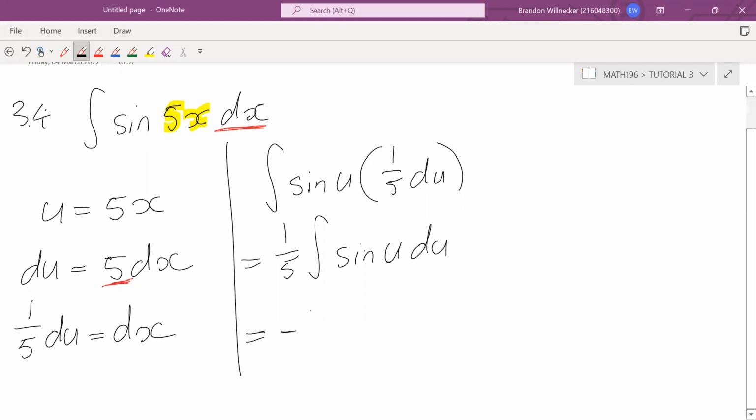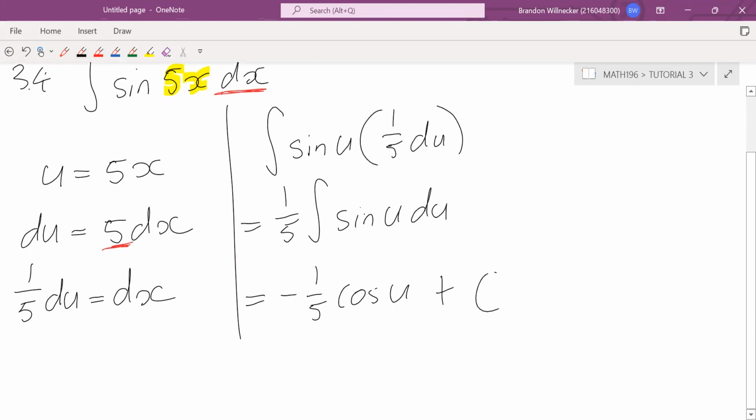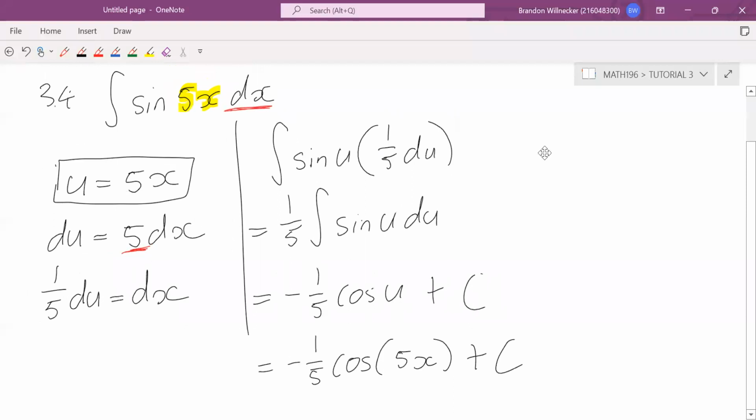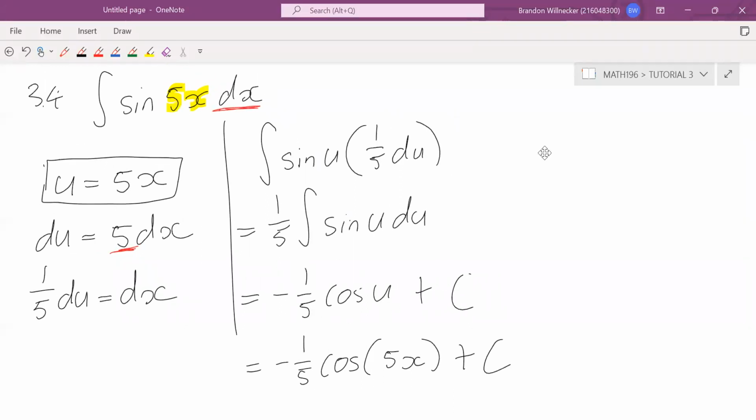So we're going to have minus 1/5 cos of u. Don't forget your plus c. And then last step, wherever you see a u, you replace it with the original expression of x. So this is going to be minus 1/5 cos of 5x. And don't forget to carry your c down. Okay, very straightforward, very simple to do.